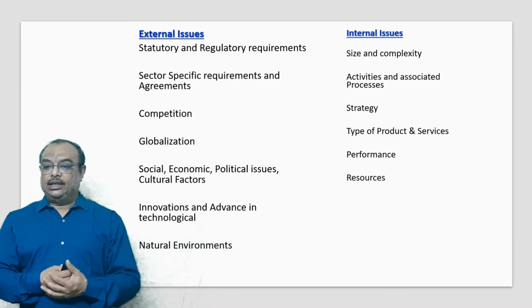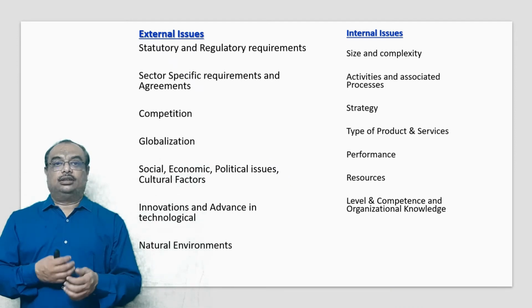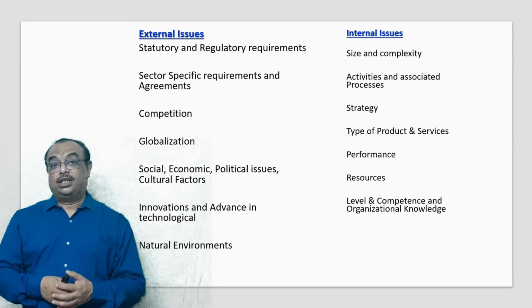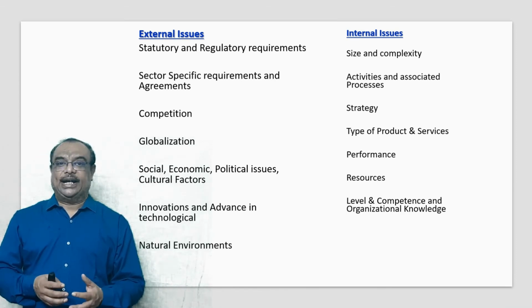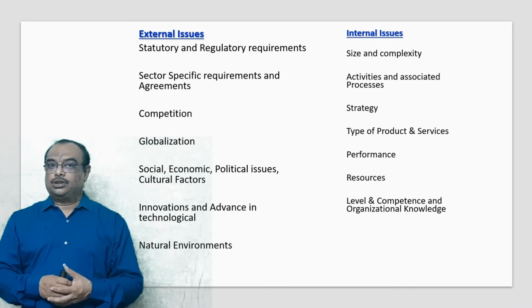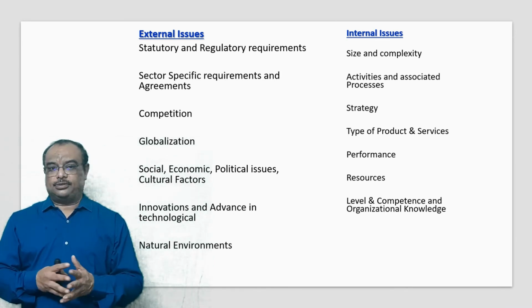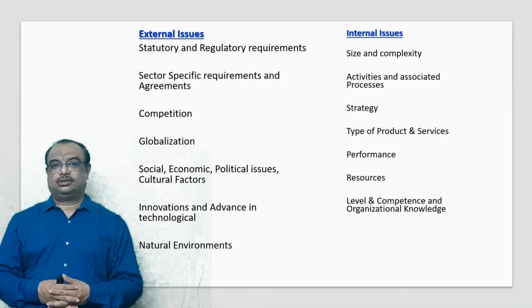And legal and competences. So this is also a very important issue. In most industries, we identify such kinds of issues. I hope if you visit your organization, you will also find such internal issues there.